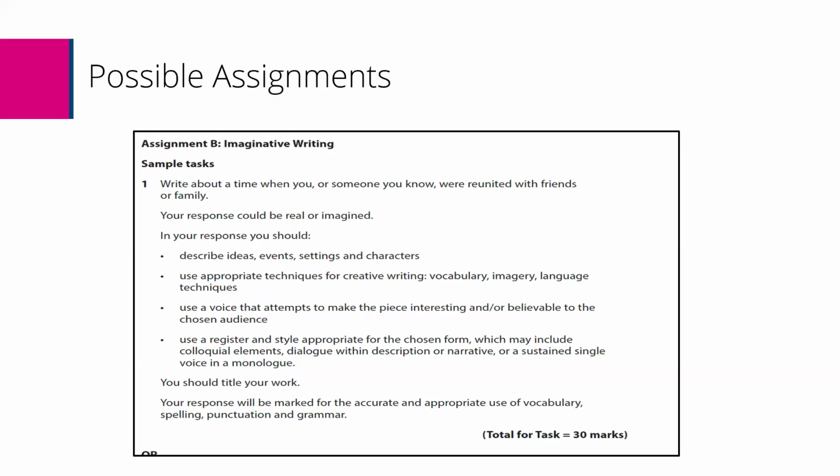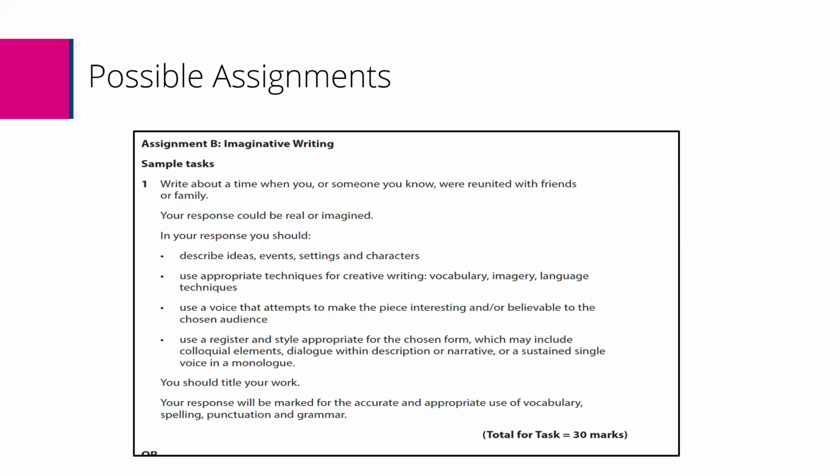And here's a possible assignment title: write about a time when you or someone you know were united with friends or family. Your response could be real or imagined. In your response, you could describe ideas, events, settings, and characters. Use appropriate techniques for creative writing, vocabulary, imagery, language techniques. Use a voice that attempts to make the piece interesting and/or believable to the chosen audience.